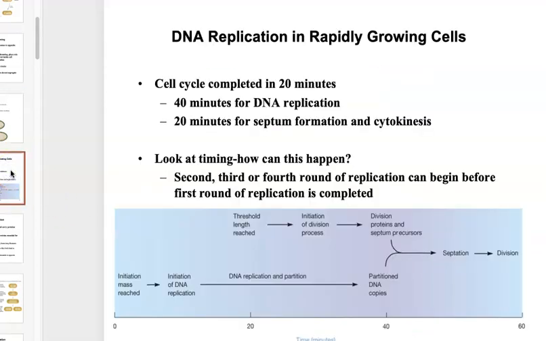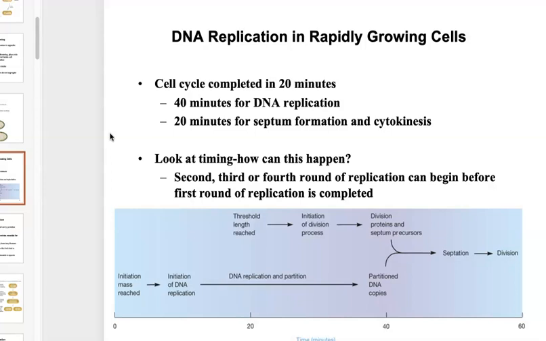One of the issues, though, is that DNA replication in rapidly growing cells is much longer than the process of cell division. So as I illustrate here, the cell cycle is completed in 20 minutes, but you need 40 minutes for DNA replication, whereas you only need 20 for septum formation and cytokinesis.